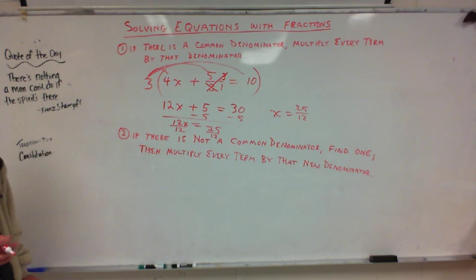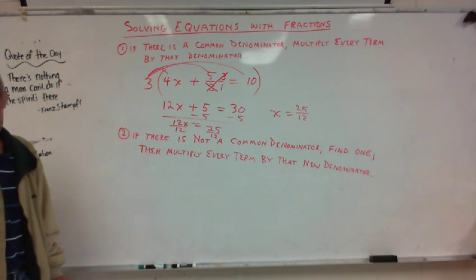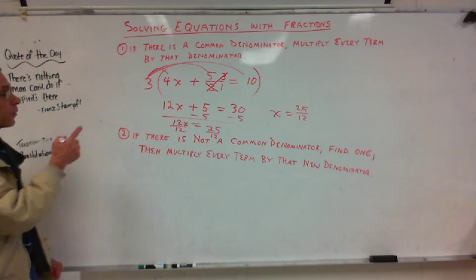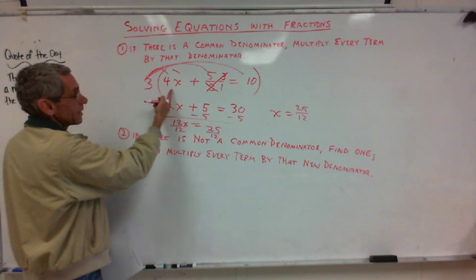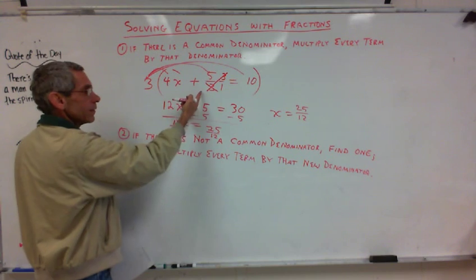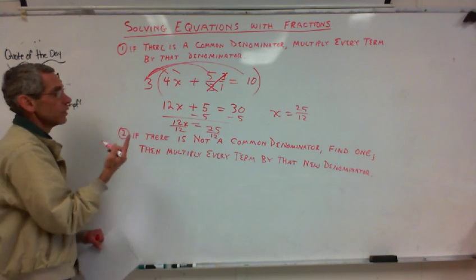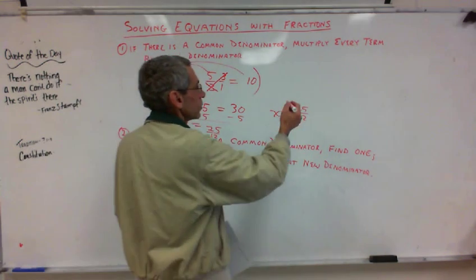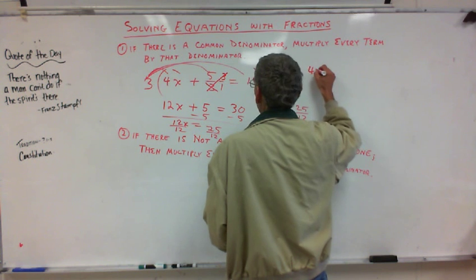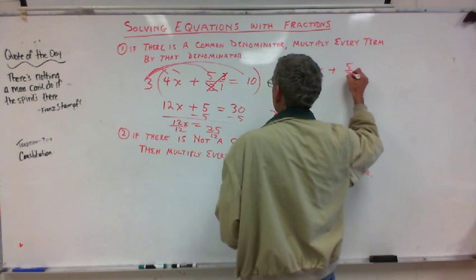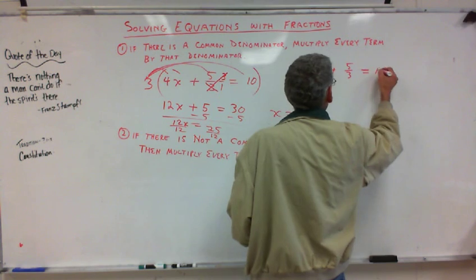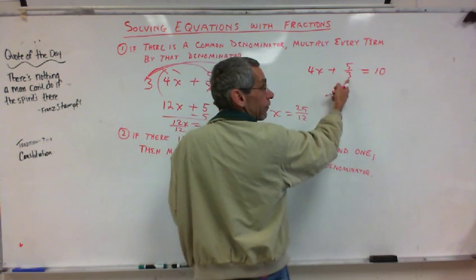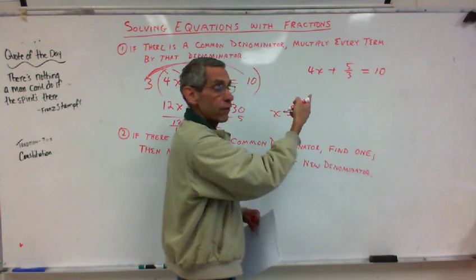I think the place where people will mess up is by doing this, because 3 times this is easy, but 3 times this, in their brain, it's hard. So sometimes it's easier to just, if I were doing 4x plus 5/3 equals 10, I would say, okay, I'm going to multiply everything times the denominator, everything times 3.